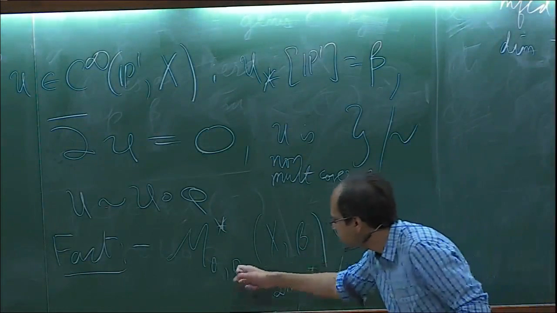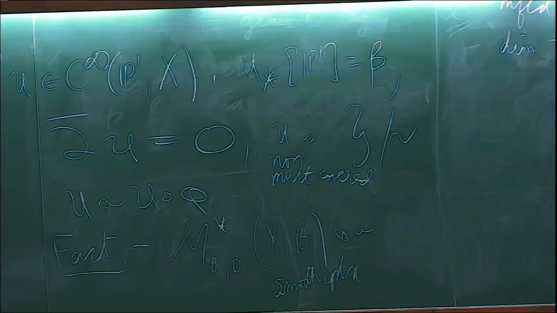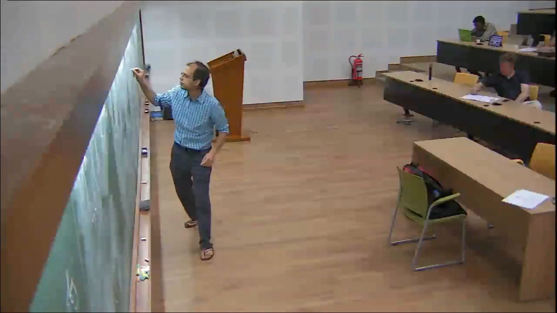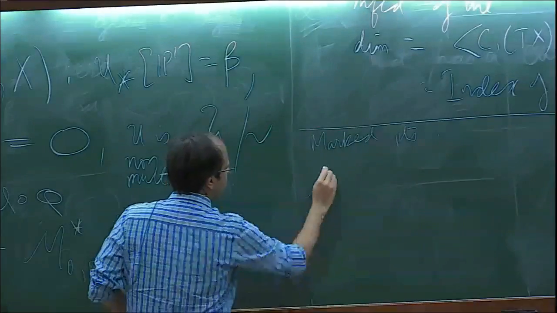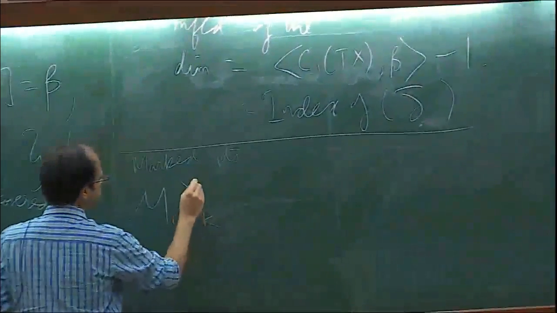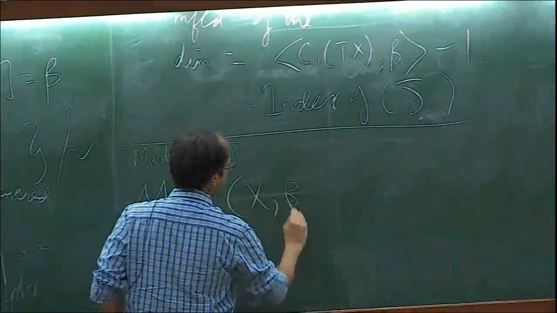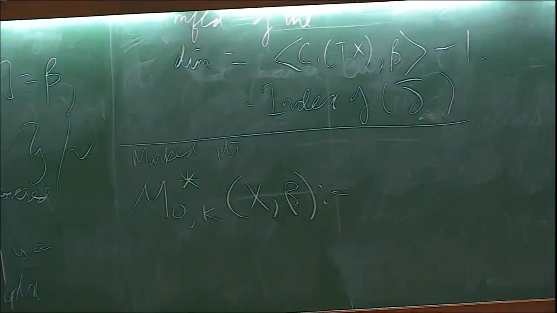Now, before doing that, let me first throw in marked points. So M0K is basically the same thing. I'll not write everything now.